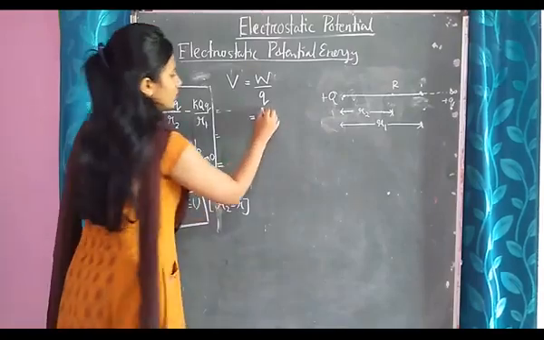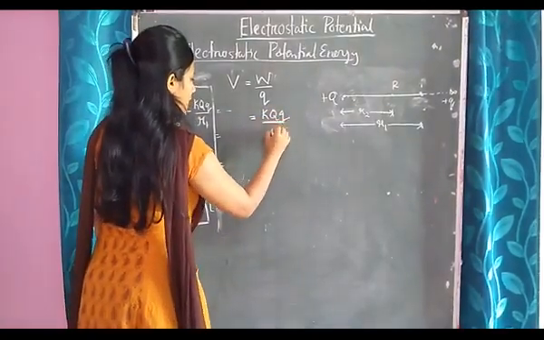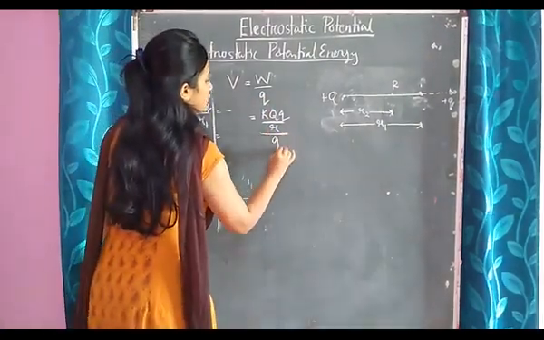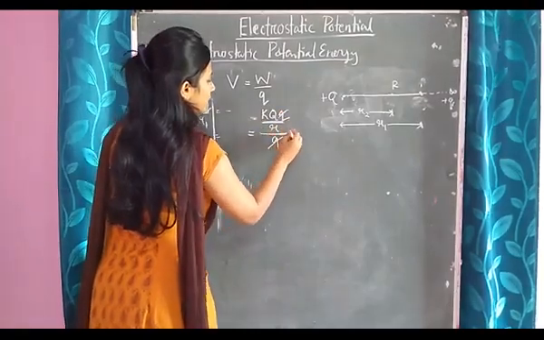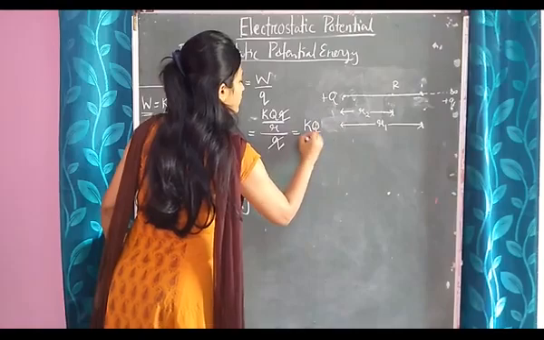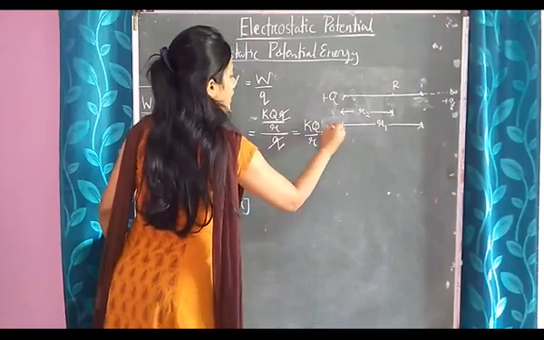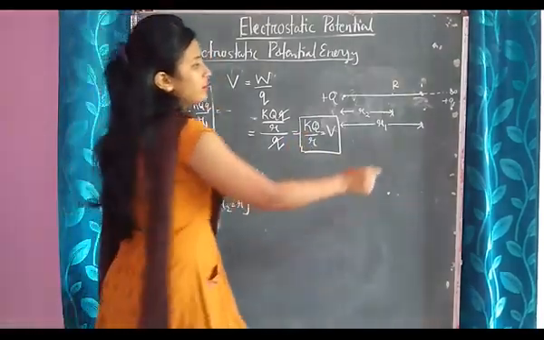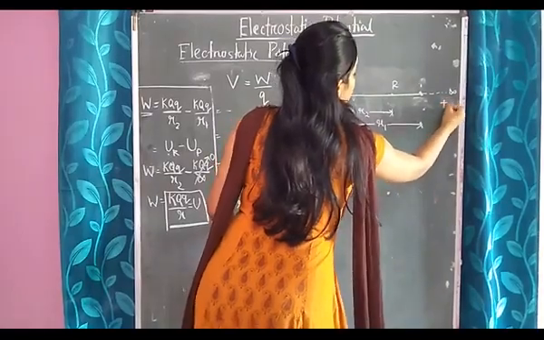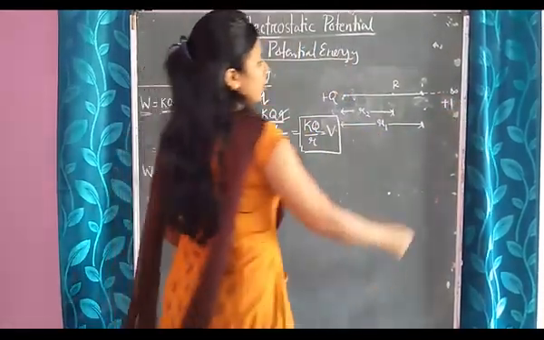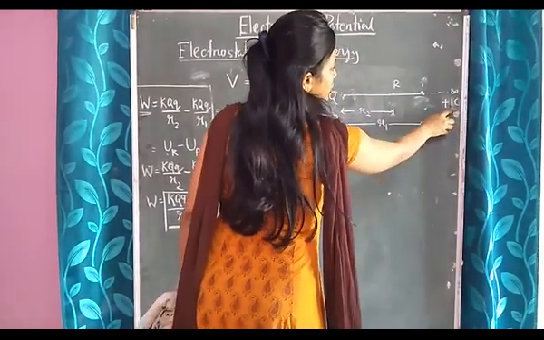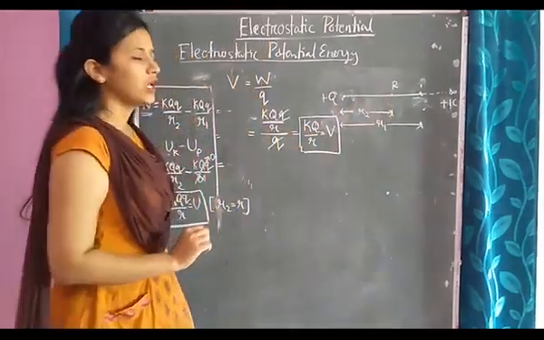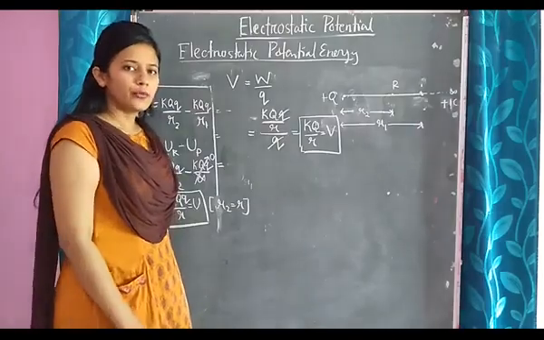W is how much? Now KQ by R divided by Q. That means Q will be cancelled and the potential value will be your KQ by R. So if I bring a unit charge, suppose +1 coulomb, from infinity to that point, the work done by it is equal to the electrostatic potential.